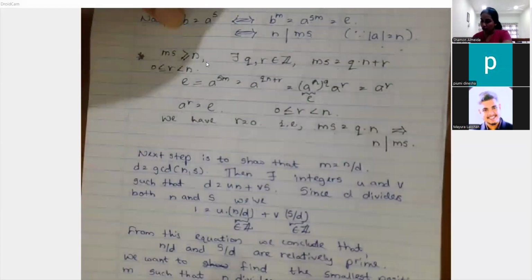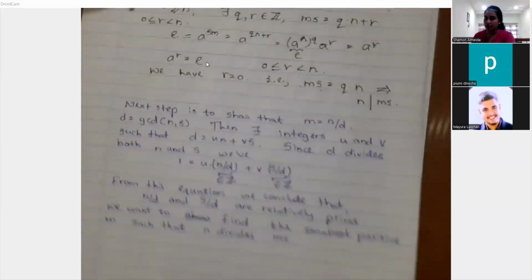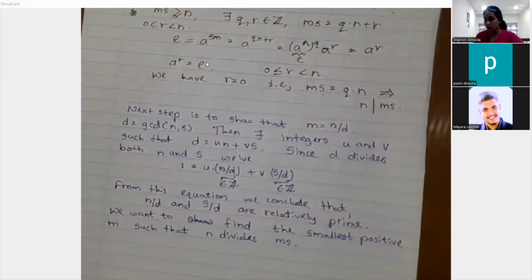We want to find the smallest positive m, the smallest possibility that m could take, so that n divides ms. What is the smallest number m could take where n divides ms?